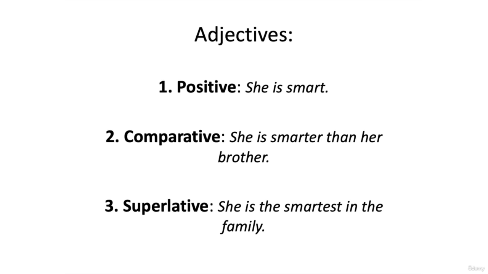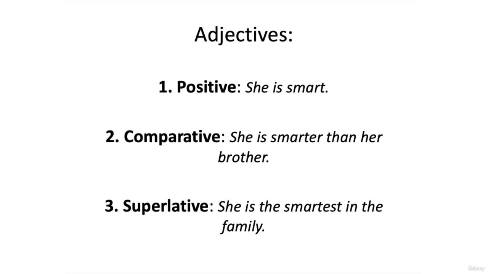A comparative compares one person, animal, or object to another. We use it to compare 2 nouns only. She is smarter than her brother. We are comparing a girl and her brother. 2 people.